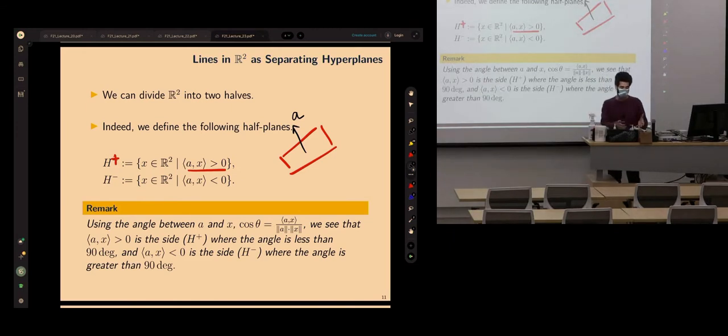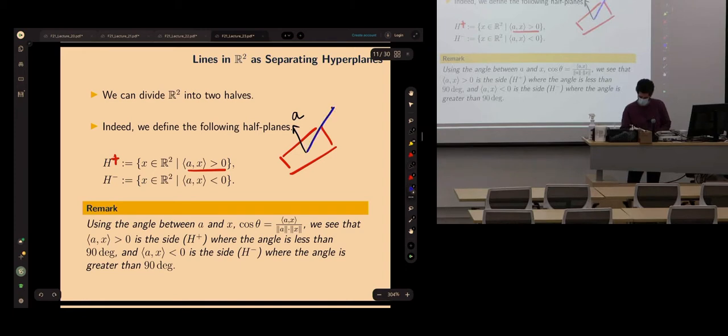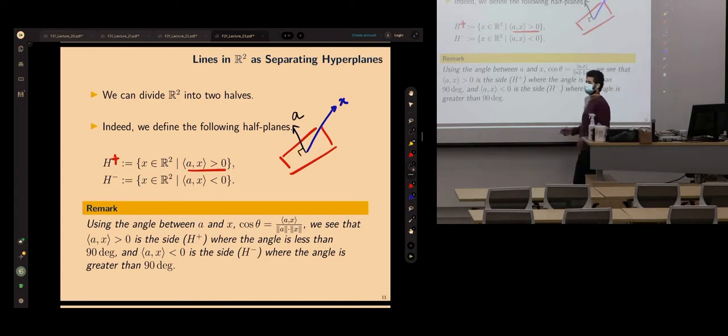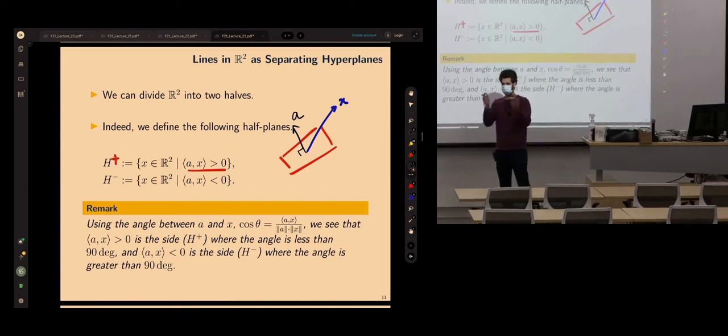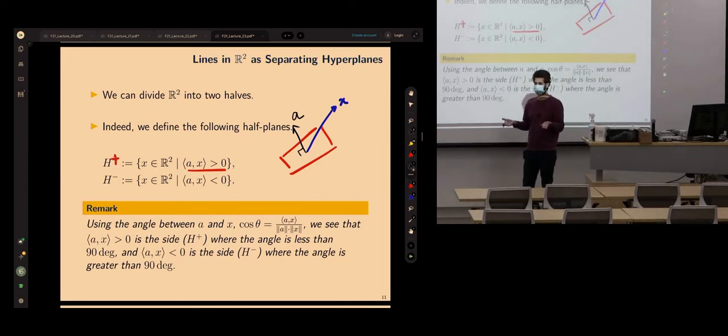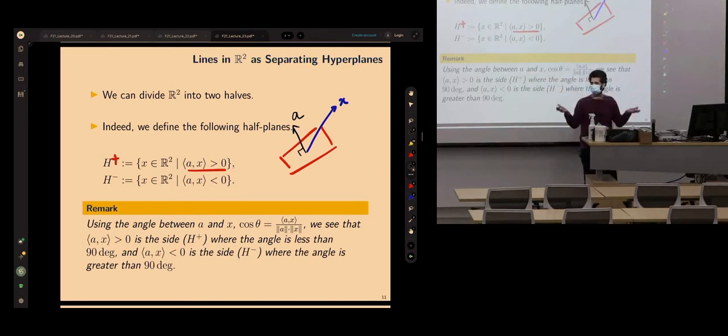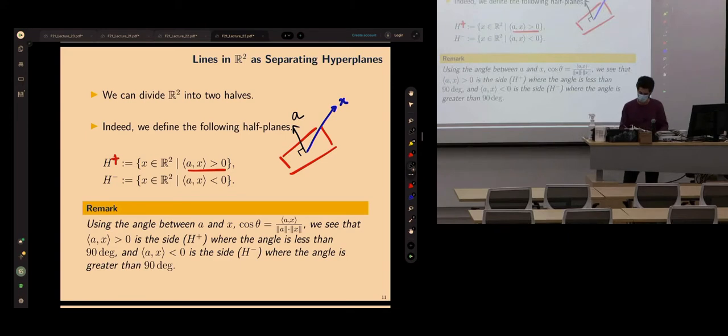Now, relative to the vector A, any vector that forms an angle less than 90 degrees, no matter what direction all around this vector, falls into one side. If it's more than 90 degrees, it will be the other side. That's somewhat obvious.